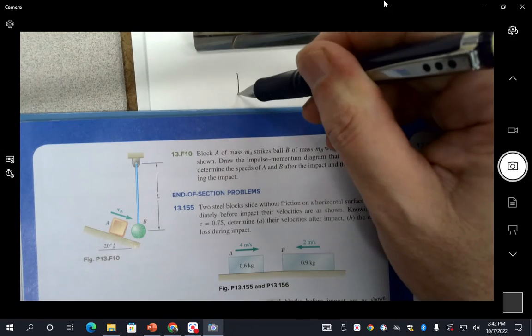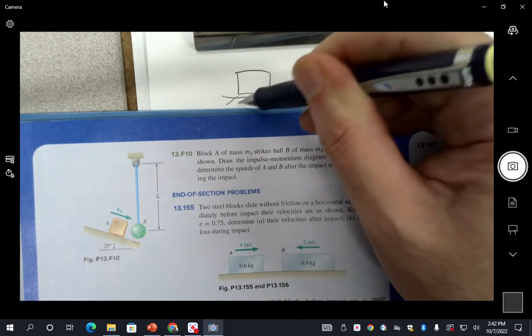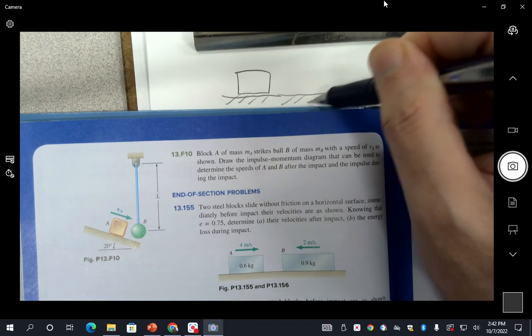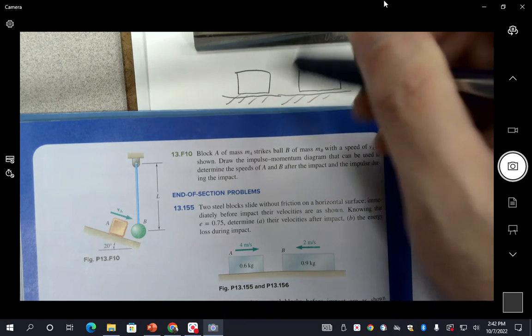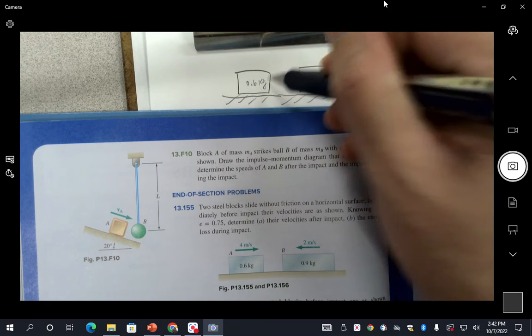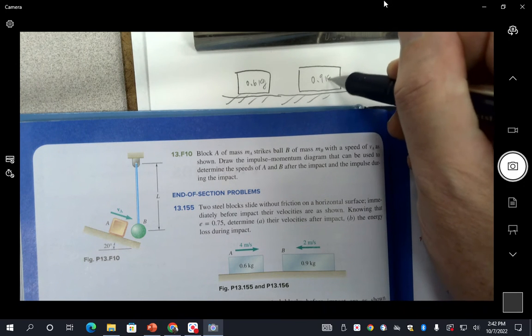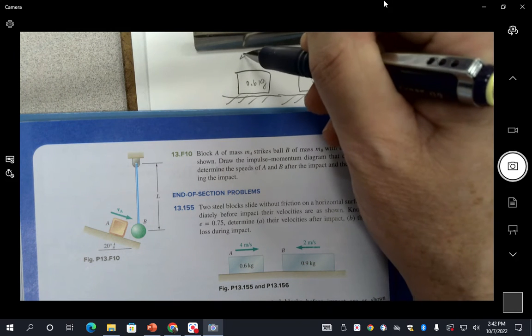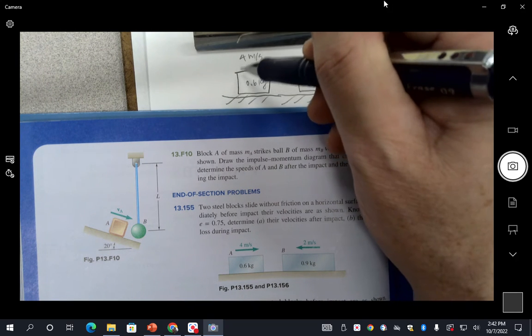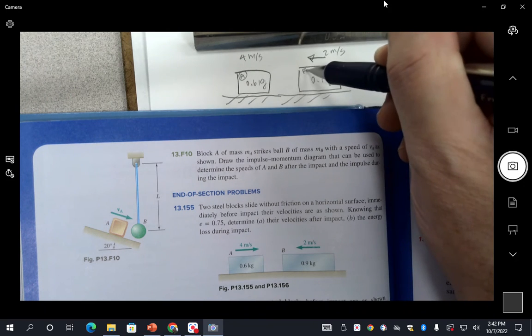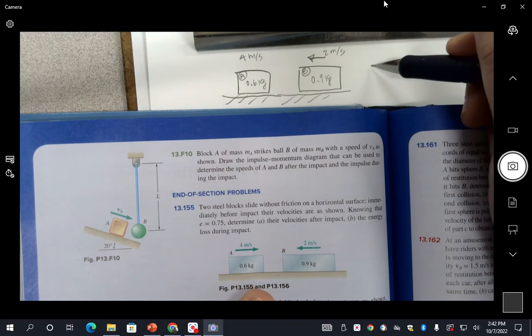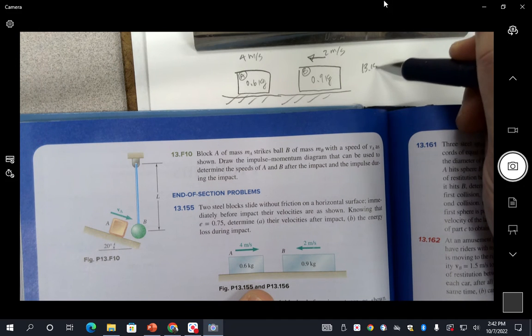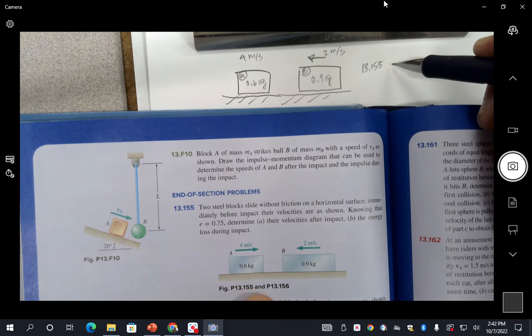So let's see. You get these blocks. This one is 0.6 kilograms, and this one's 0.9. He's moving at 2 meters per second, he's going at 4 meters per second, and he's A, and he's B. This is problem 13.155.